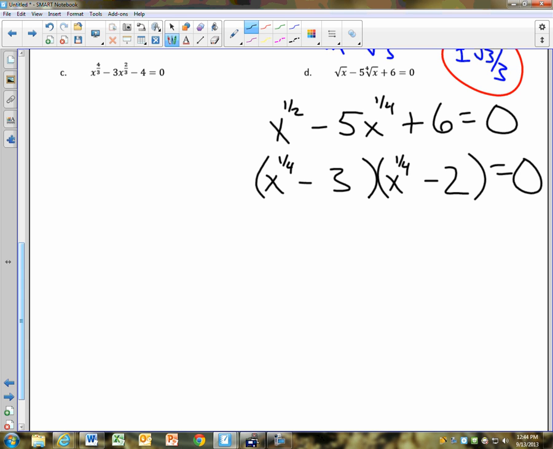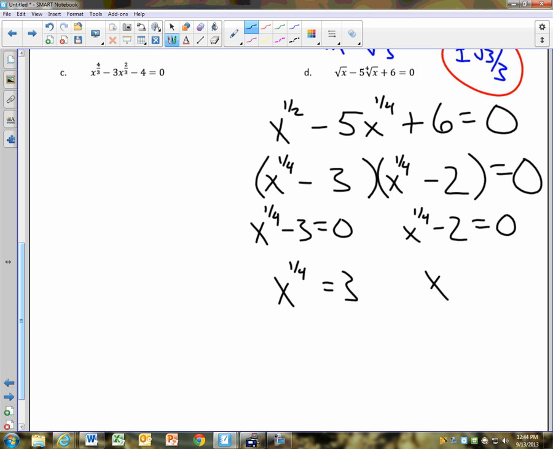I can take both of them and set them equal to 0. X to the 1/4 minus 3 equals 0, and x to the 1/4 minus 2 equals 0. So x to the 1/4 is 3, x to the 1/4 is 2. How do you get rid of the 1/4 power?